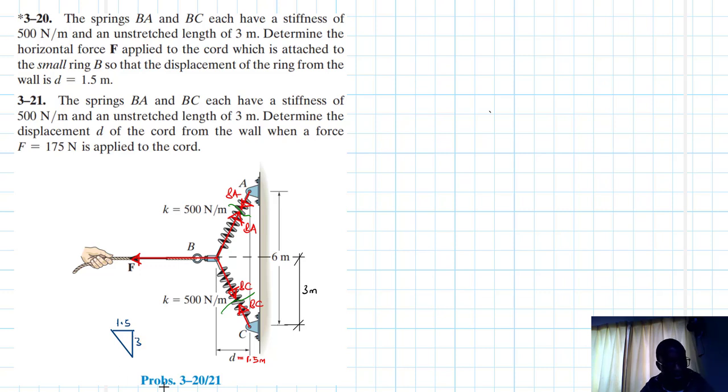So if we are to calculate that, finding the hypotenuse, 1.5 squared plus 3 squared, so this becomes root of 11.25, right? 1.5 squared plus 3 squared, 11.25, great.